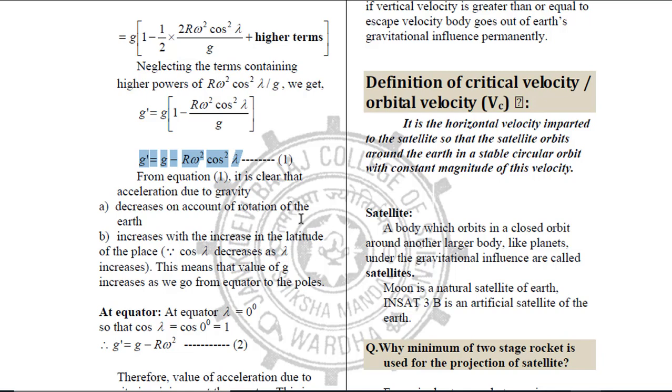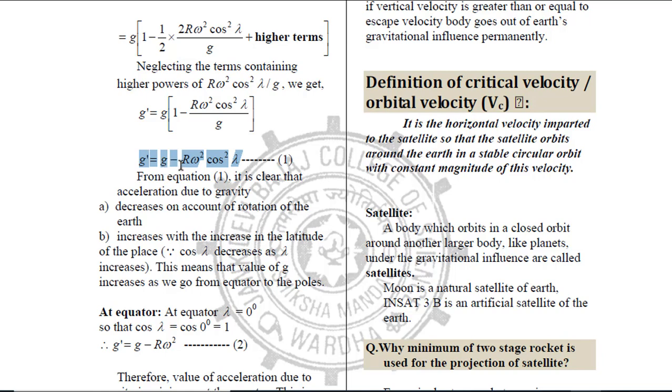And it's the only thing I want you to understand and know kwamba g dash ni sawa na g minus R W squared cos squared hiyo angle lambda. So g dash is the gravity at that point on the earth where kuna varying rotation. And g is the normal gravitational force kwenye surface of the earth, just normal.